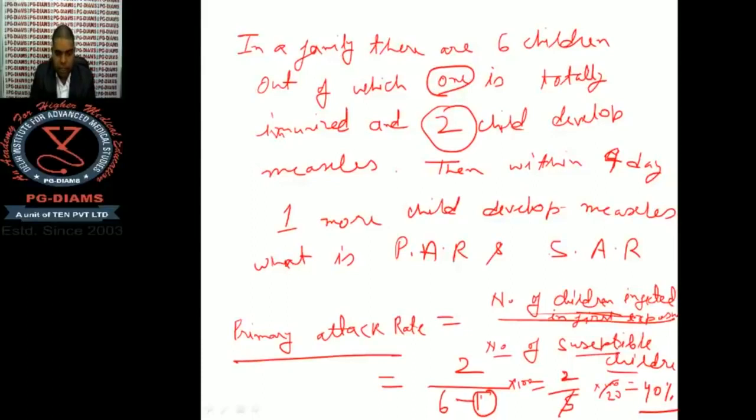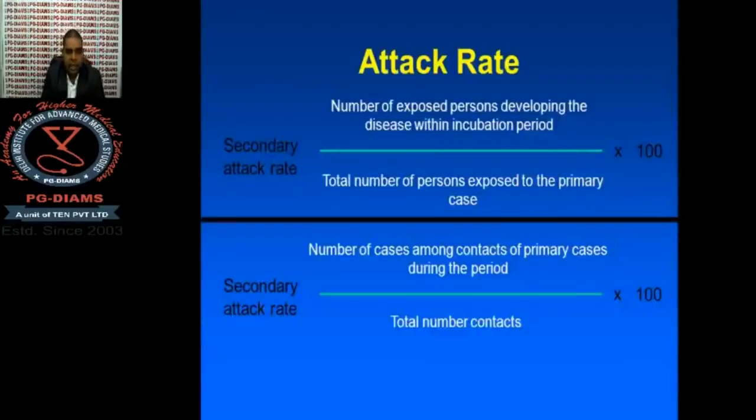Now the question remaining is the secondary attack rate. What will be the secondary attack rate? The definition of secondary attack rate is the number of exposed persons developing the disease within the incubation period, or the number of cases among contacts of primary cases during the incubation period, divided by the total number of contacts, into 100. Let me simplify it.